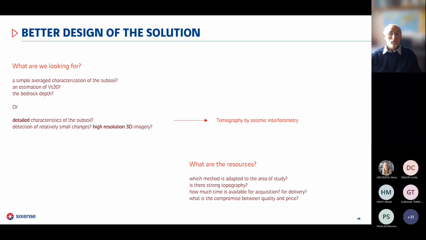So a very important question as well is, what are our resources in terms of budget and time? For example, the 3D tomography from Seismic Interferometry definitely requires more time for the data mining, since we deal with a larger number of measurements and a big quantity of data. But of course, the result is much richer.